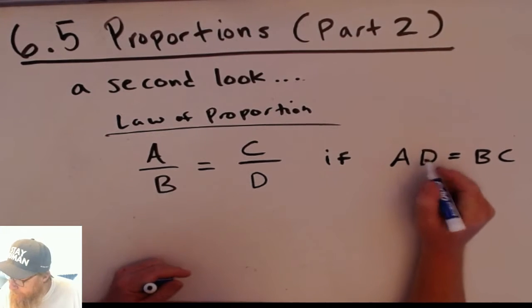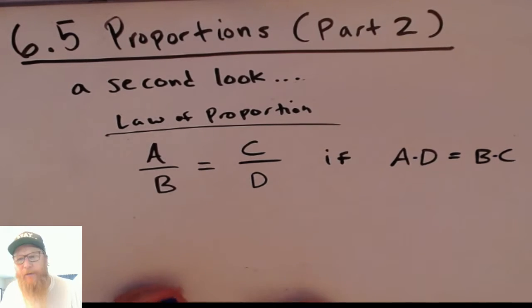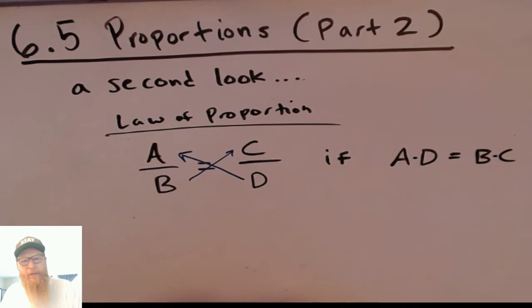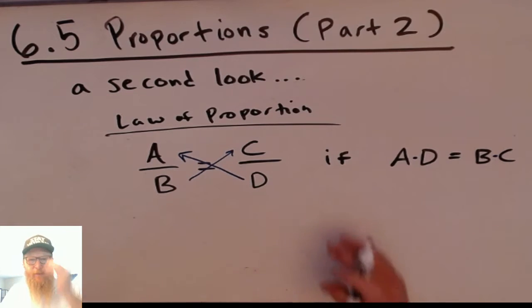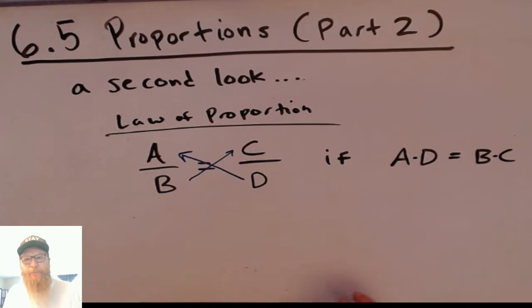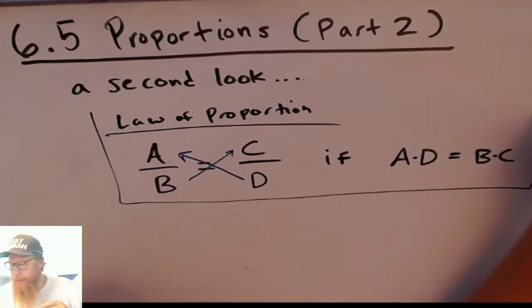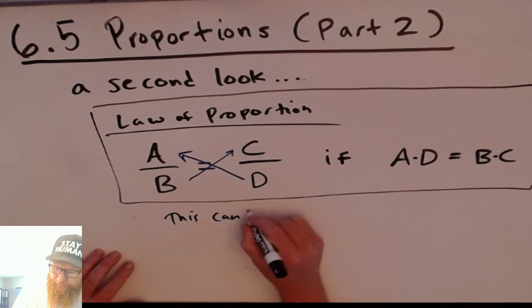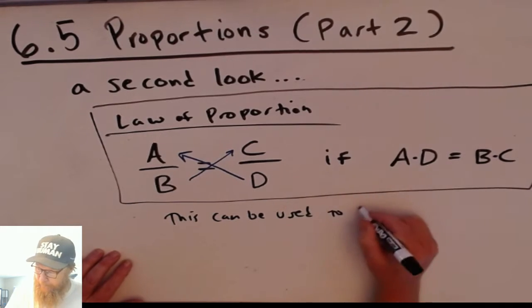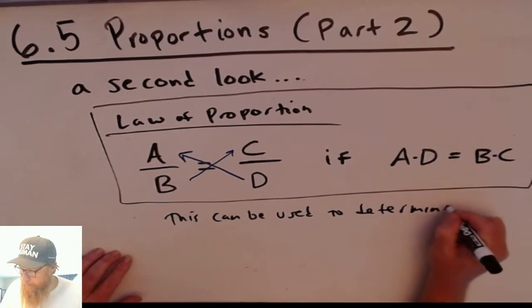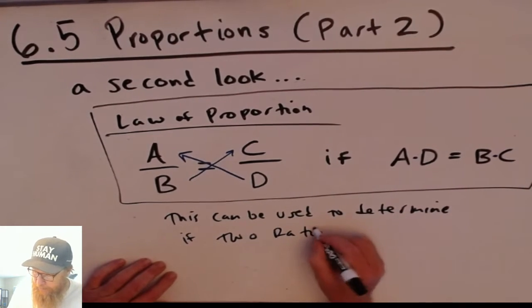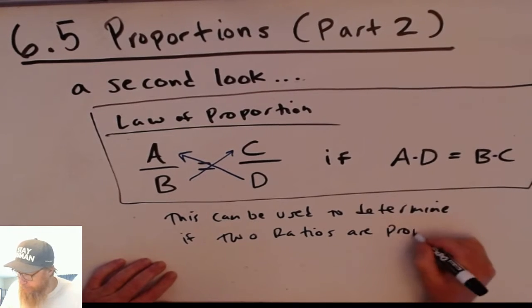You can put multiplication dots here to make it totally clear that you're multiplying, and you can draw the cross product here to emphasize that, so you remember A, D, and B, C. And so this law of proportion can be used to determine if a proportion is true, or if two ratios are actually proportional.